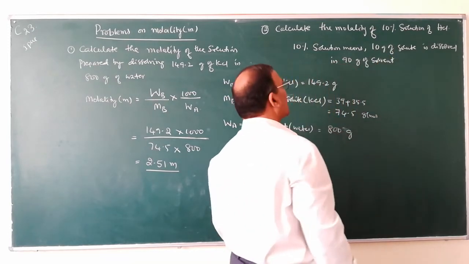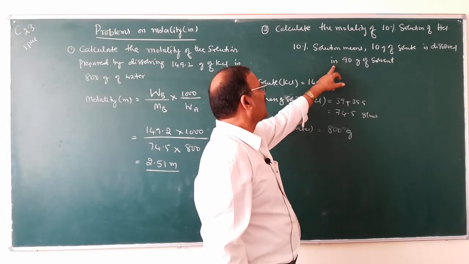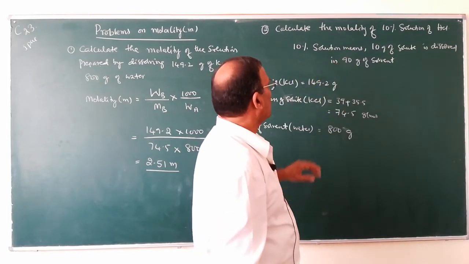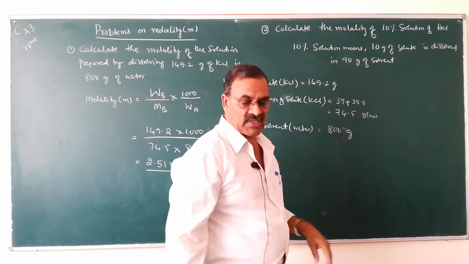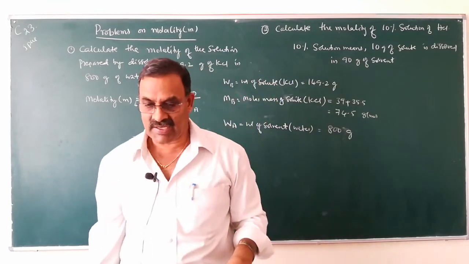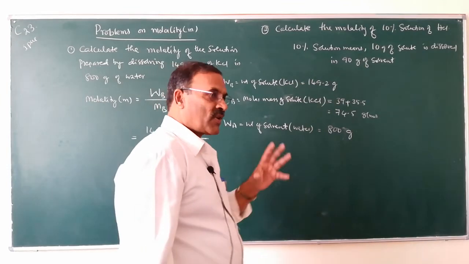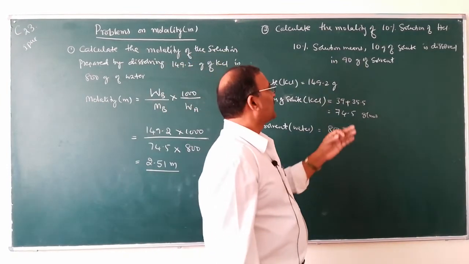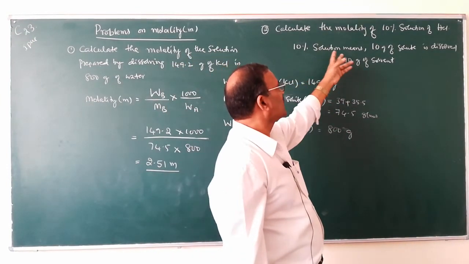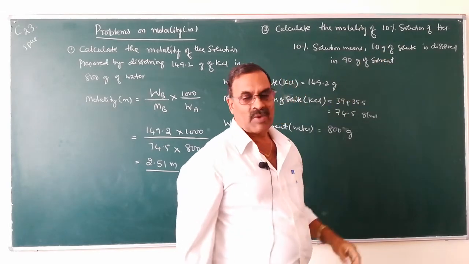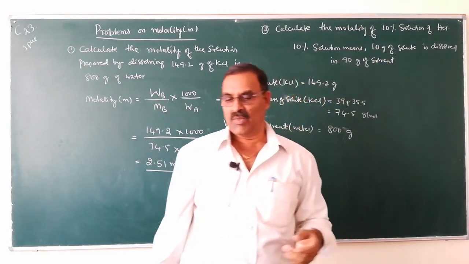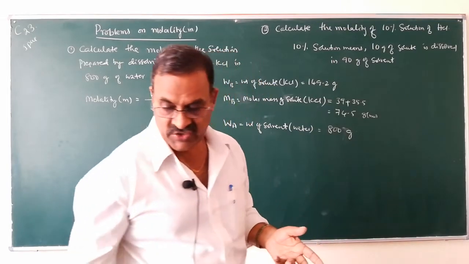So out of 100 gram of solution, 10 gram is the mass of the solute, and the remaining mass is the mass of the solvent.